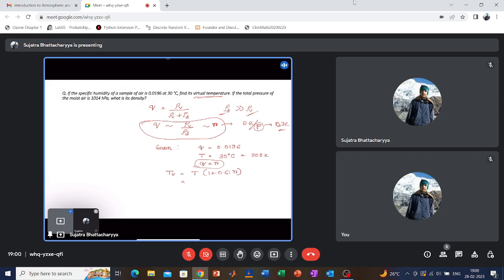So T is 303, times 1 plus 0.61 into 0.0196.